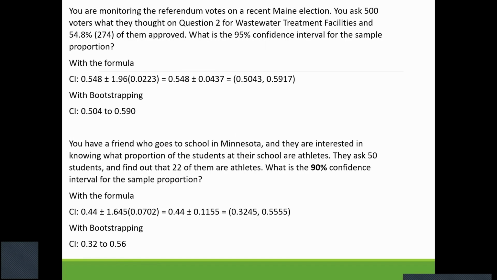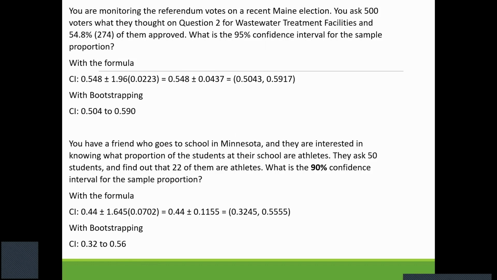Okay, so for the election question, doing it with the formula, the interval is 0.5043 to 0.5917. Doing it with bootstrapping, it's 0.504 to 0.590, so pretty close in that case.